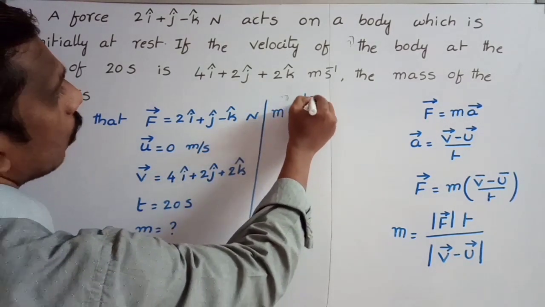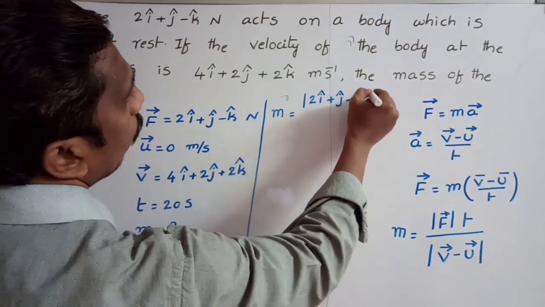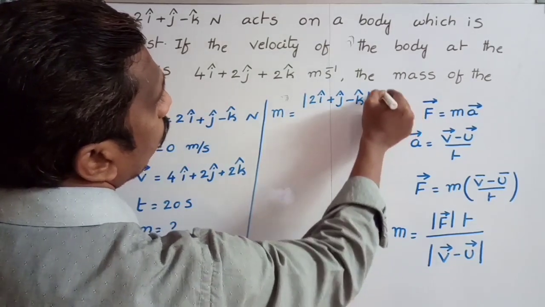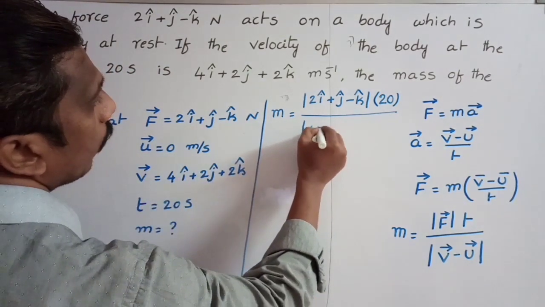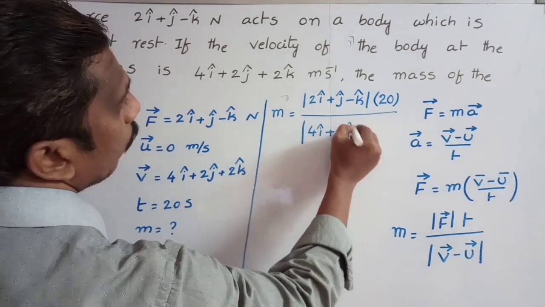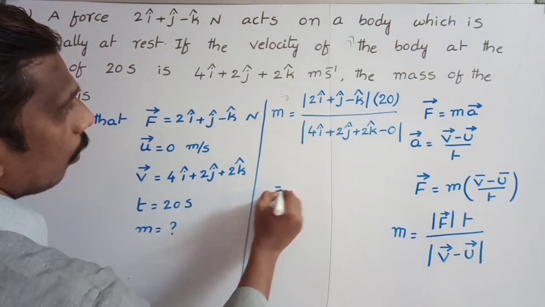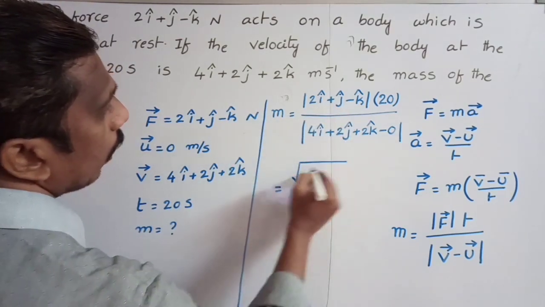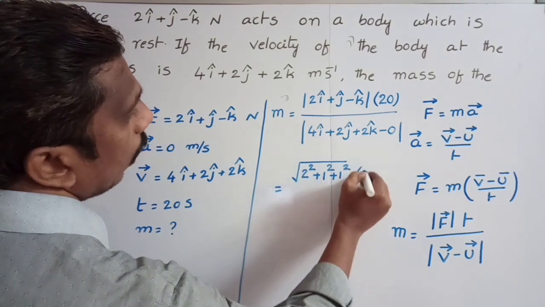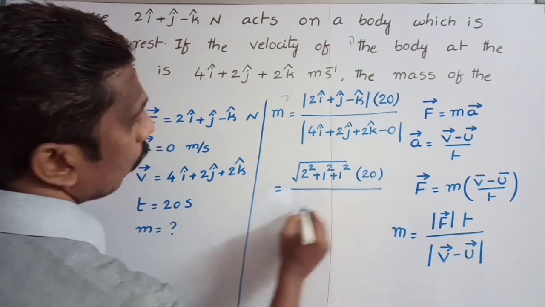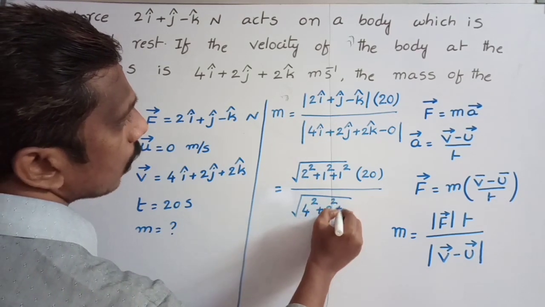So from this, mass m is equal to the magnitude of force, which is 2i cap plus j cap minus k cap, into 20 seconds, divided by the final velocity, that is 4i cap plus 2j cap plus 2k cap minus initial velocity 0. Find its magnitude. Under root of 2 square plus 1 square plus 1 square, into 20, by root over 4 square plus 2 square plus 2 square.